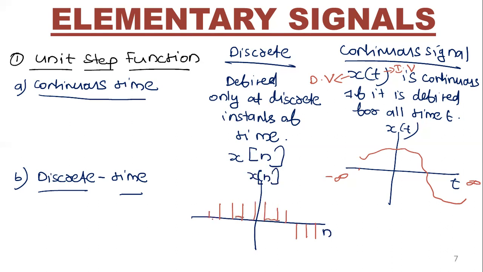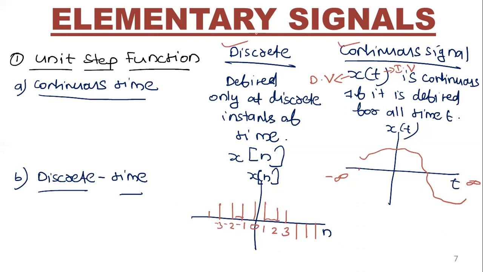Only at some particular points, 0, minus 1, minus 2, minus 3, 1, 2, 3. So the value of x of n is defined only for n equal to 0, plus or minus 1, 2, 3. Only for these values x of n is defined, so that is only discrete values. So that is about a continuous signal and a discrete signal.